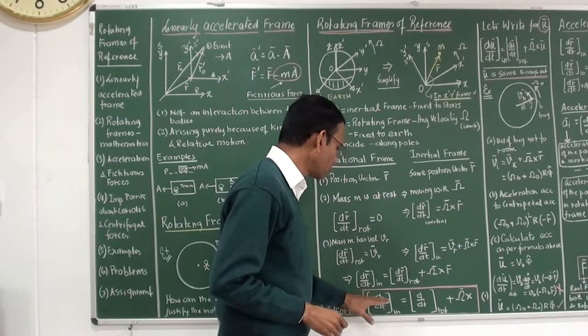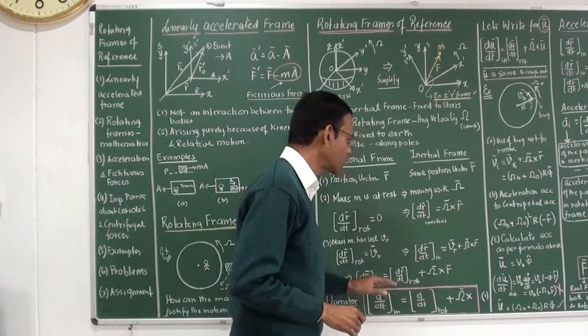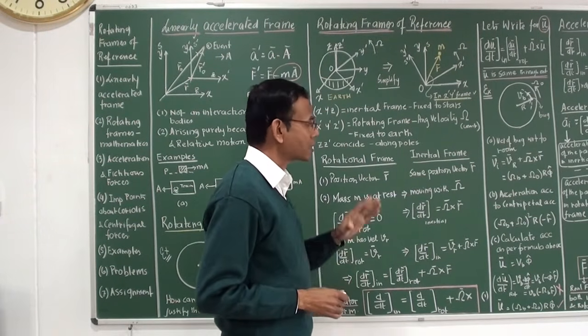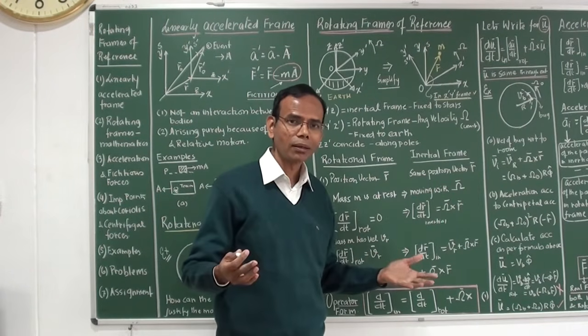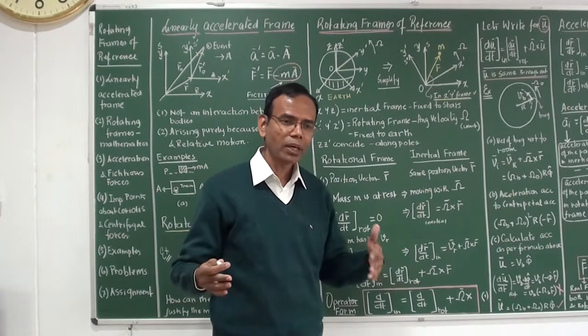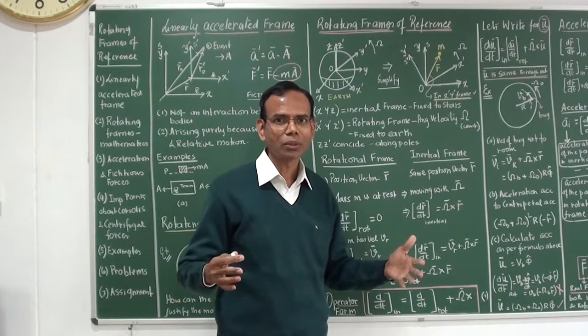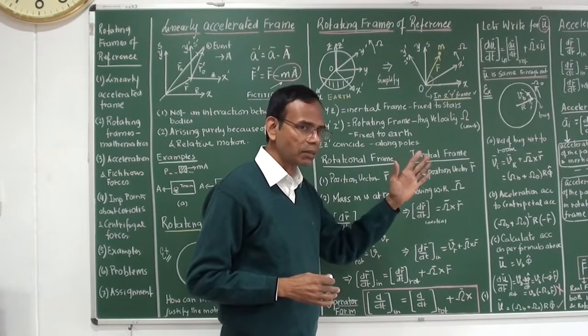Good. So now with this knowledge, the operator form, inertial, rotational, the relation between the two, we are in a position to study the acceleration part: how the acceleration will be in the inertial frame and then the rotational frame, and what is the relation between the two. So that is the next topic, and that is a little bit difficult.